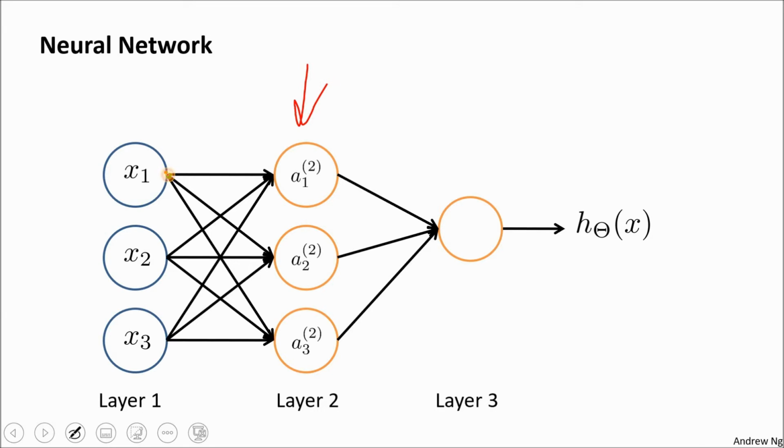Fully connected means that x1 over here is connected to everyone in the next layer, and then x2 is connected to everyone, and then x3 is connected to every other. In the final layer, every element in the previous layer connects to the final layer. But remember, there cannot be any connection between layer number 1, for example, and layer number 3 or the output layer. That is not allowed. Only adjacent, neighboring layers are allowed to connect.